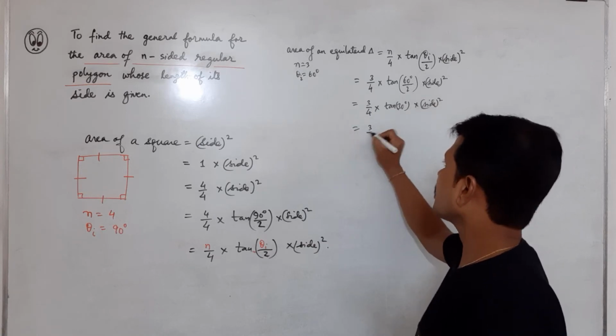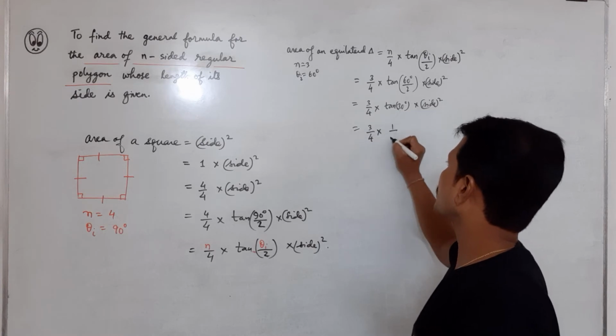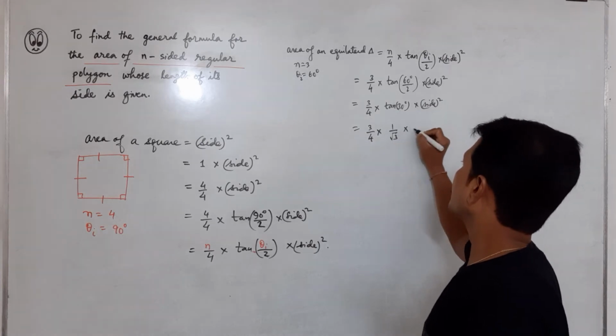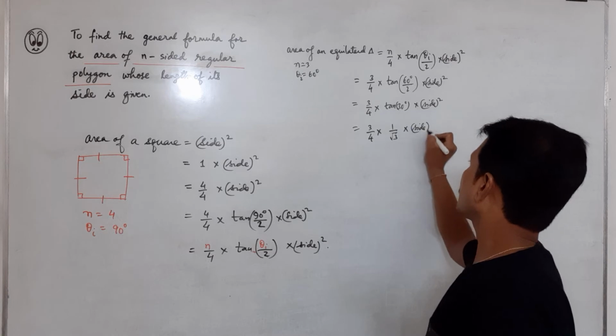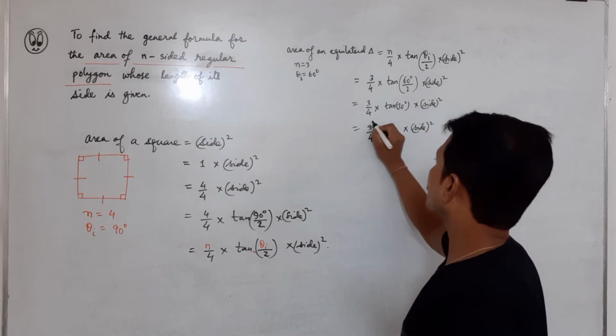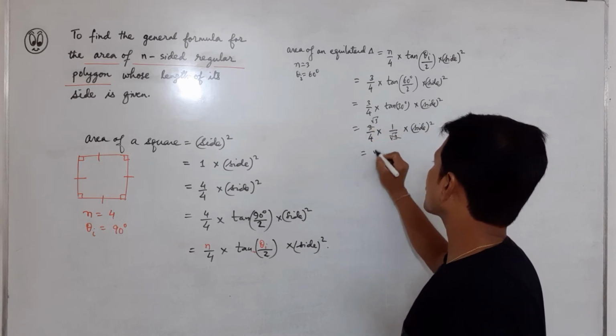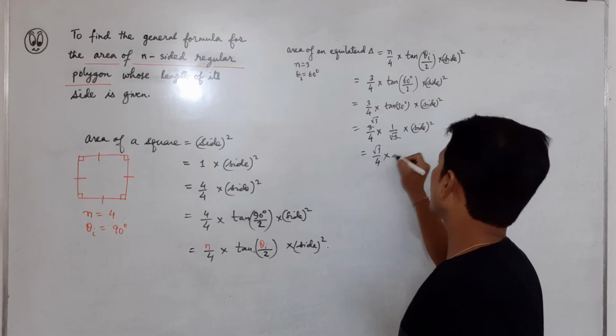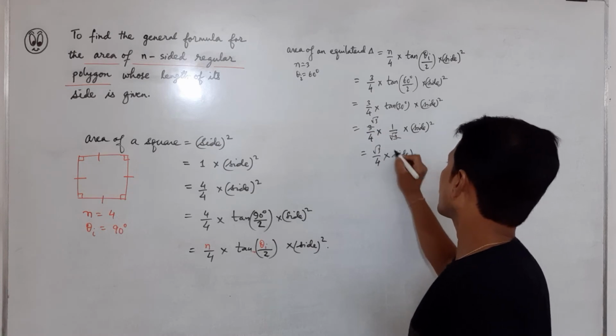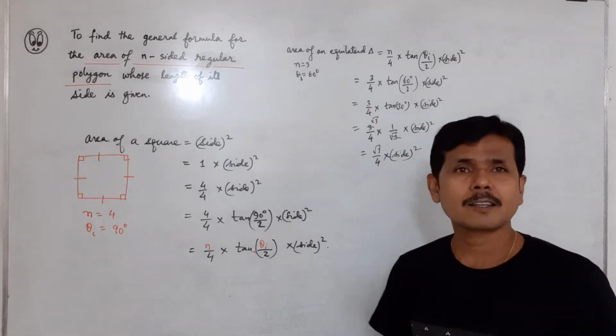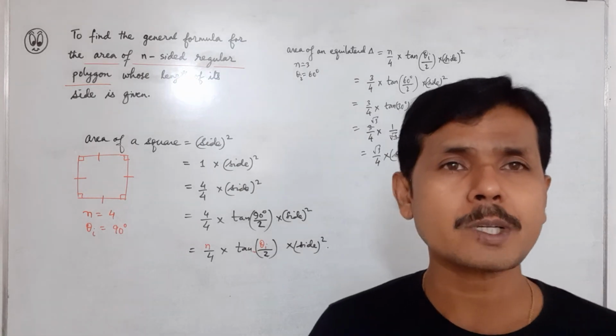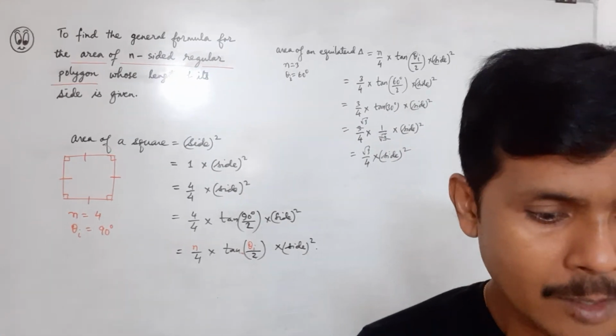So this is 3 upon 4 into 1 upon square root of 3, side square. Root 3 times root 3 gets reduced, so root 3 by 4 into side square. And this is the area of an equilateral triangle. Do you know it? Okay.